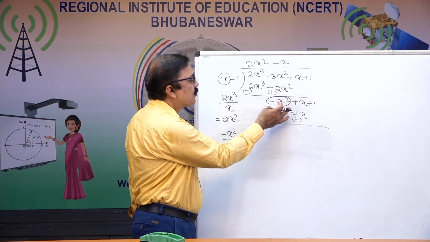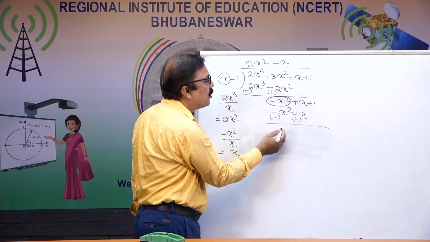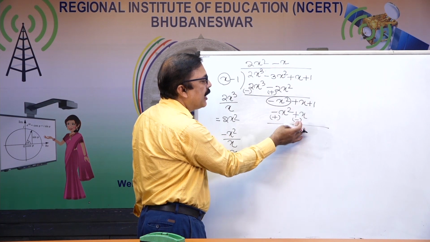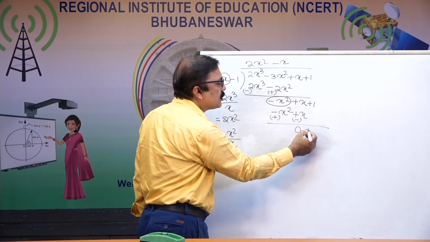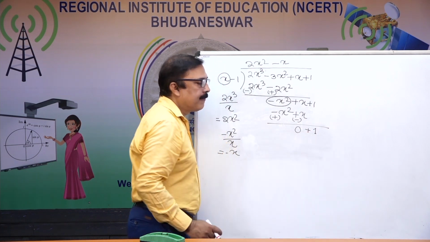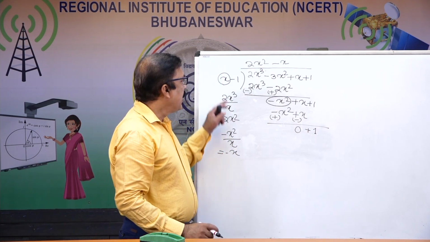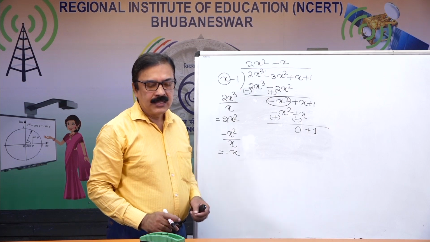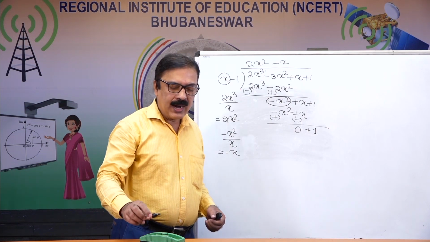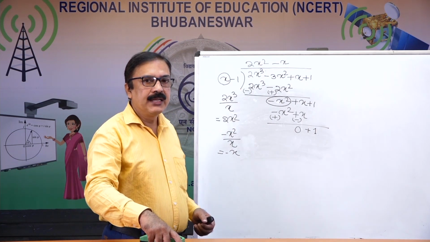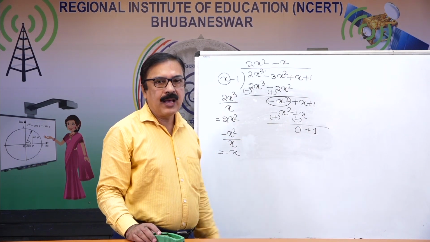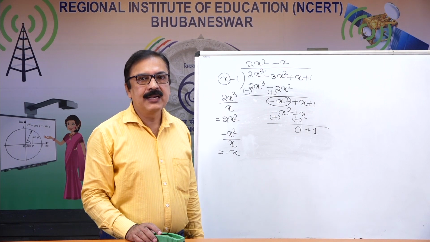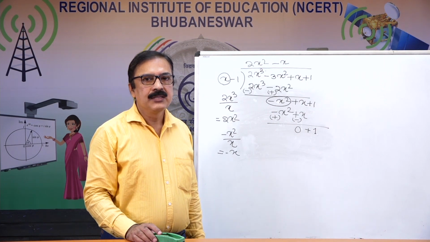So minus x square plus x square becomes 0, plus x minus x becomes 0, and the rest is to be written here. Now see, x minus 1 is the divisor, and its degree is 1. And in case of the remainder, we have 1 and its degree is 0.